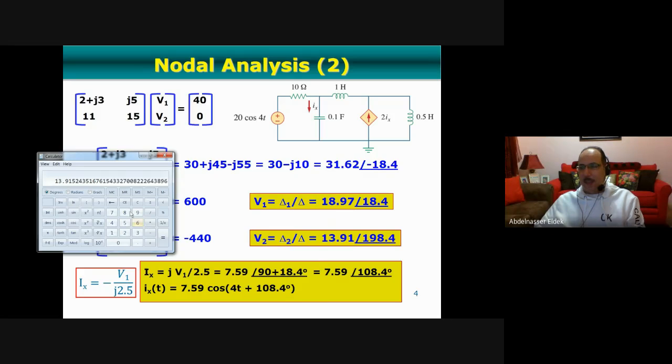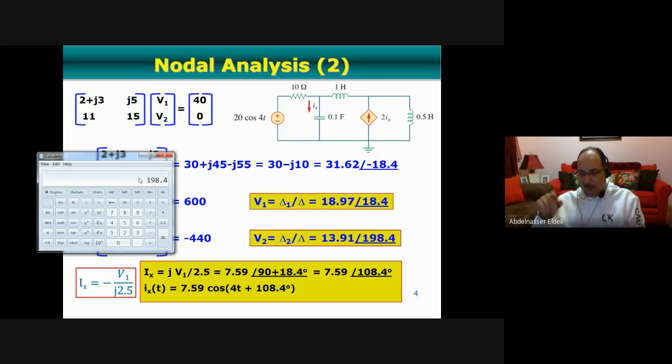There it is. And the angle is what? It is 180 degrees. Why is this 180 degrees? Because it is negative. Minus would be plus 18.4, so it will be 198.4. You can leave it like this, or you can say it is equivalent to the same angle minus 360.